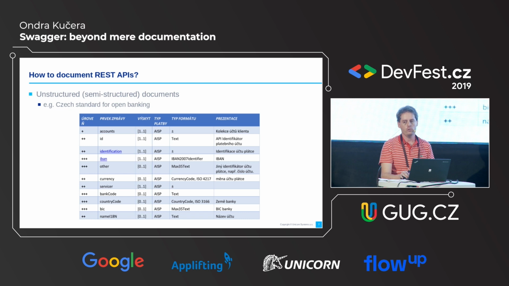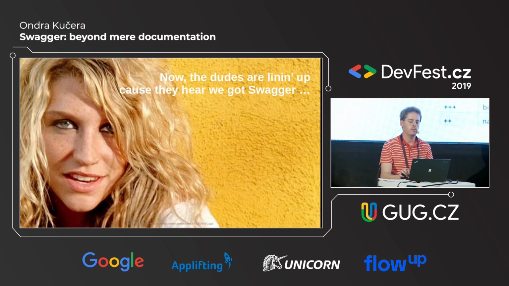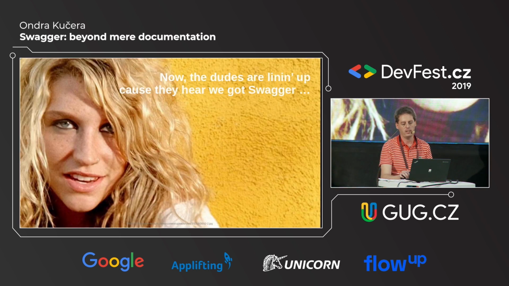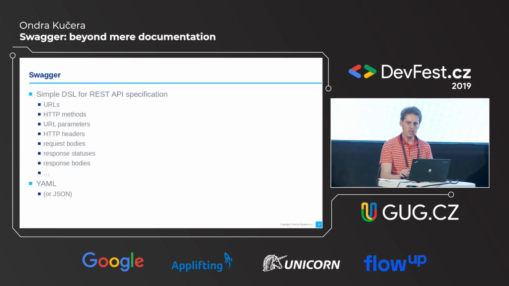So if we don't want to use just a Word document or PDF document, what can we use? Well, luckily, we got Swagger, right? So what is Swagger, actually? It's a very simple domain-specific language for documenting REST APIs, obviously.